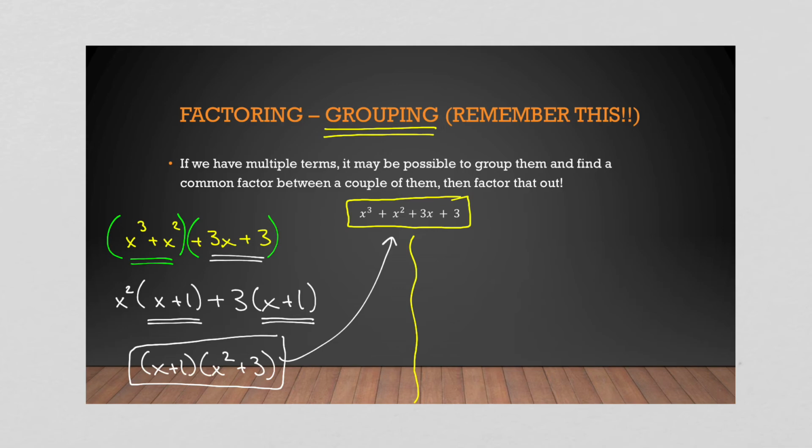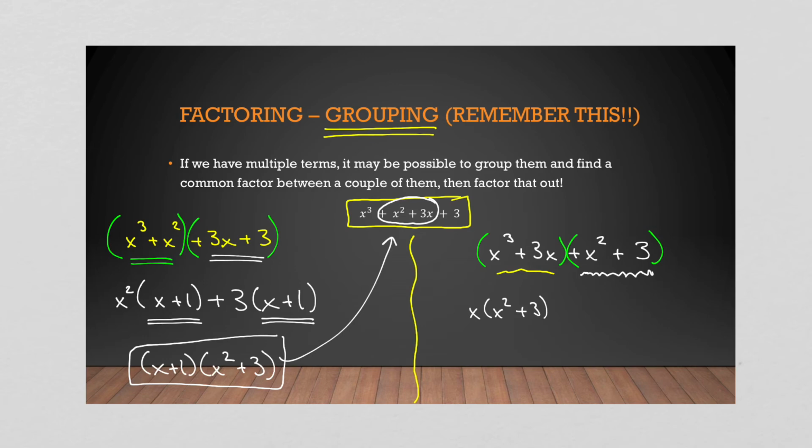So just to reiterate, if I were to rearrange these 2 terms, okay, rearrange, you're allowed to do that. So say I had the expression written like this instead. I would still put the brackets around, and I'm looking for common factors. Well, this time, if I look here, the only common factor I have is an x. So I would factor out an x, and I'd be left with x squared plus 3. But then if you look at this one, I do not have a common factor.